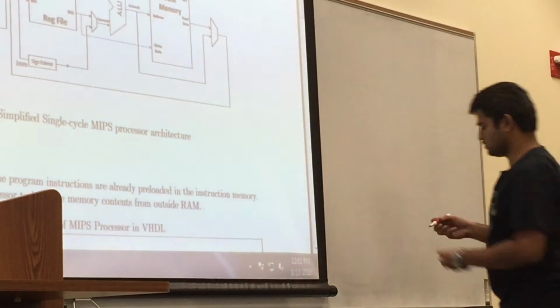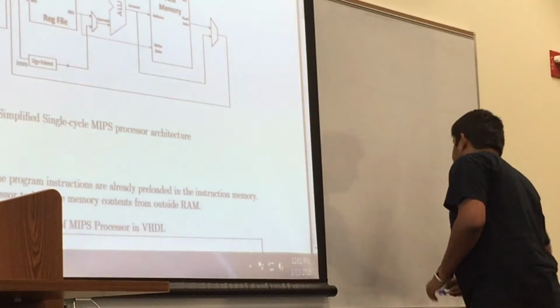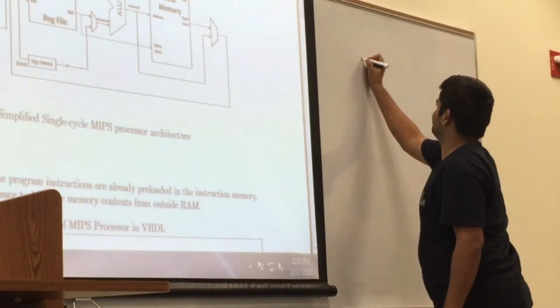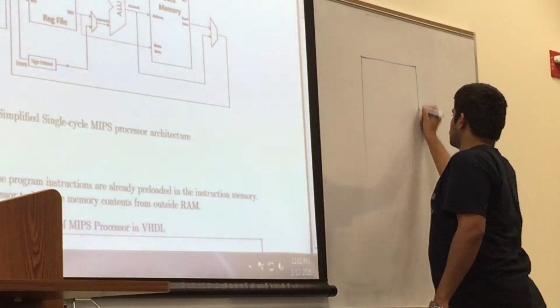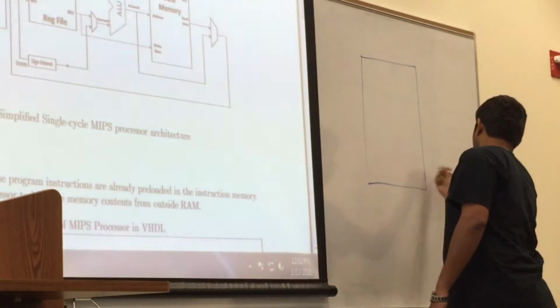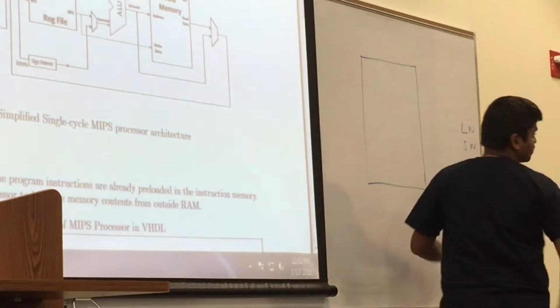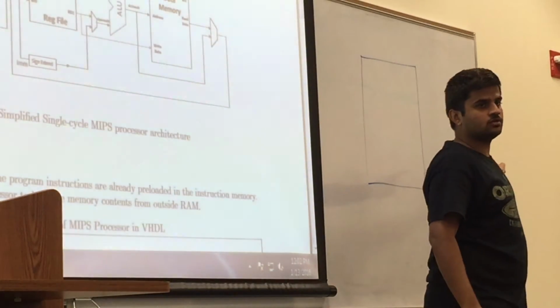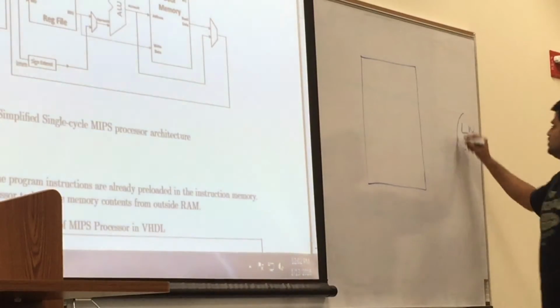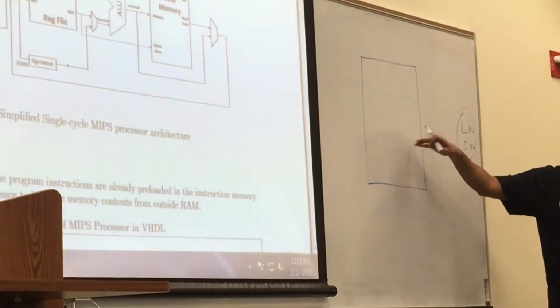So the next block is data memory. You will be using data memory only for the load word and store word instructions. Only for these two. If it is other than these instructions, you won't be using this data memory.